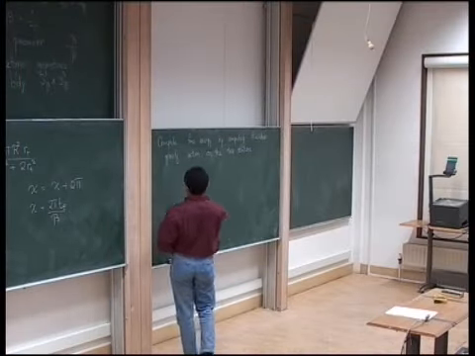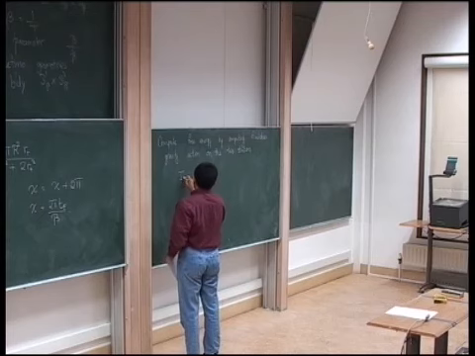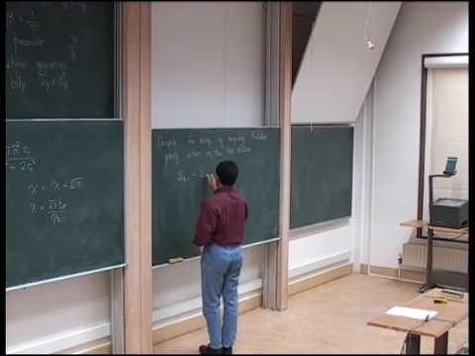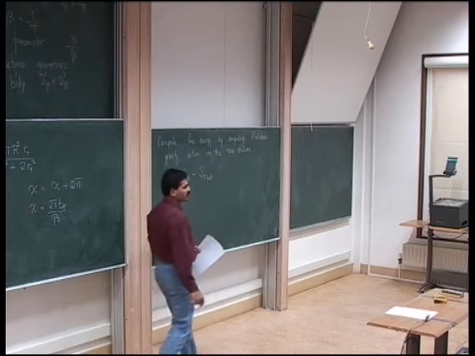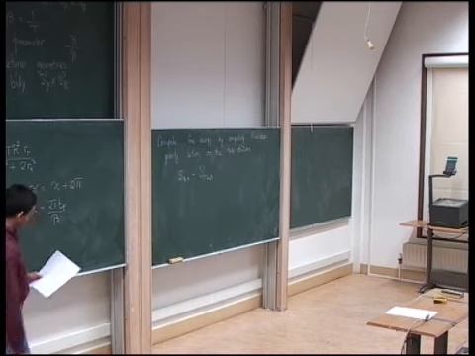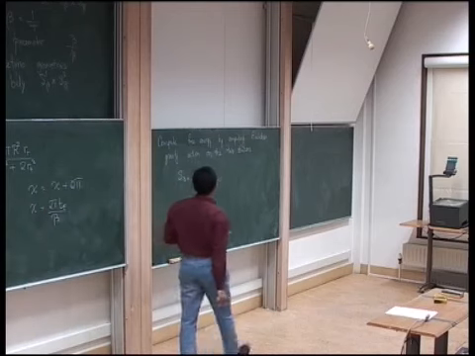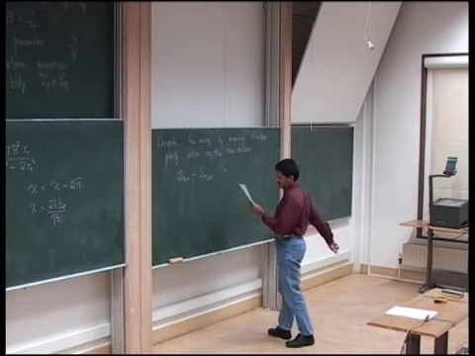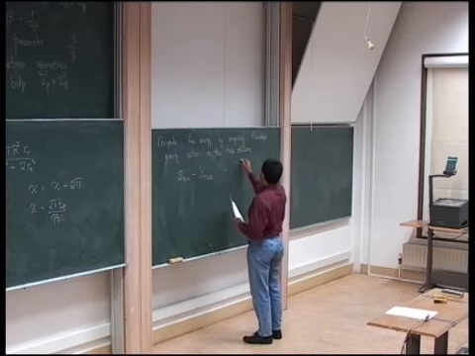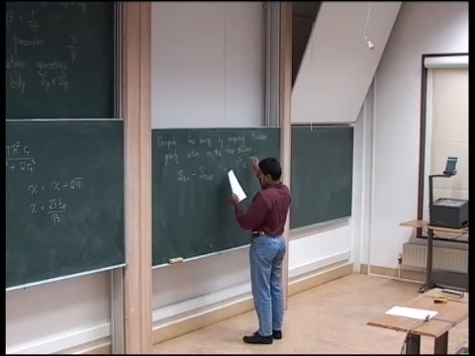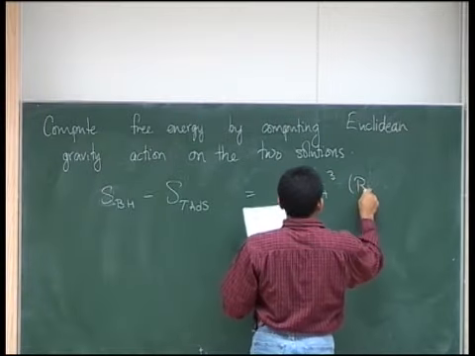And I'll give you the answer for the difference of the black hole geometry and the thermal AdS geometries, and then tell you one subtlety in how I compute this.